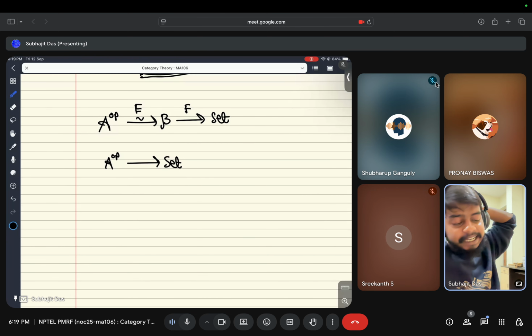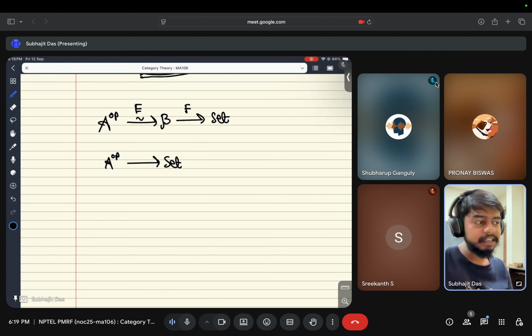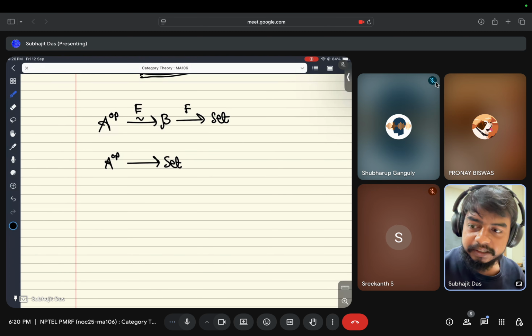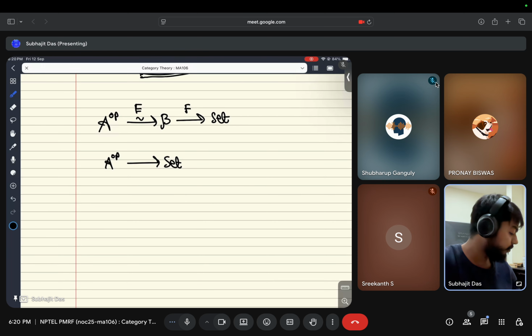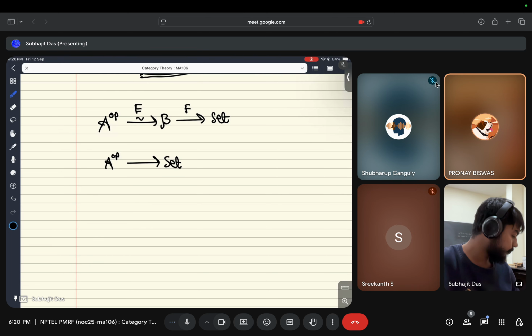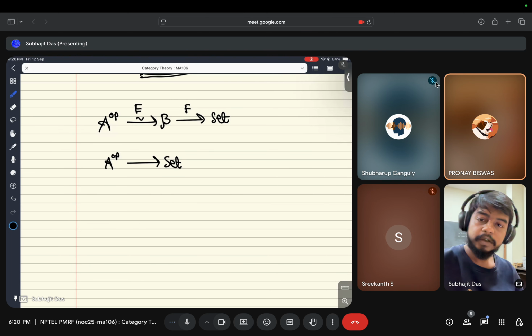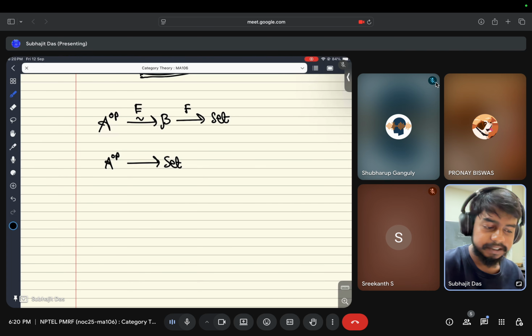So the point is that F has a left adjoint because F is monadic, and E is an equivalence of categories. So can we say something about F composed with E? F has a left adjoint, and F composed with E should have a left adjoint.